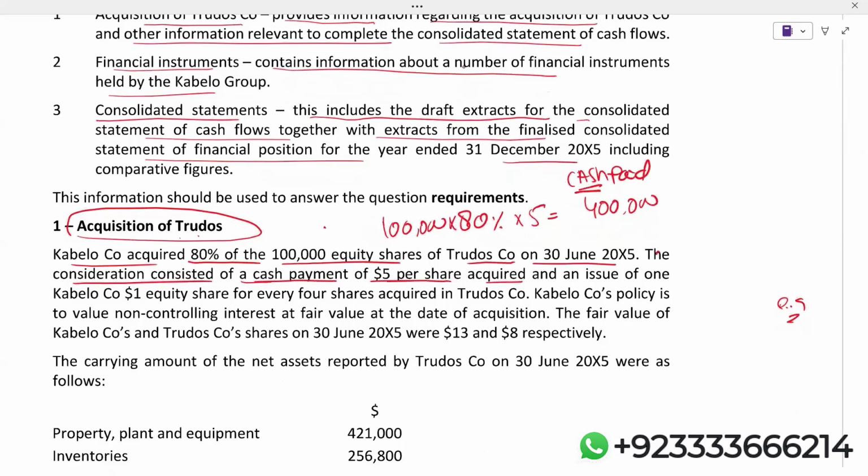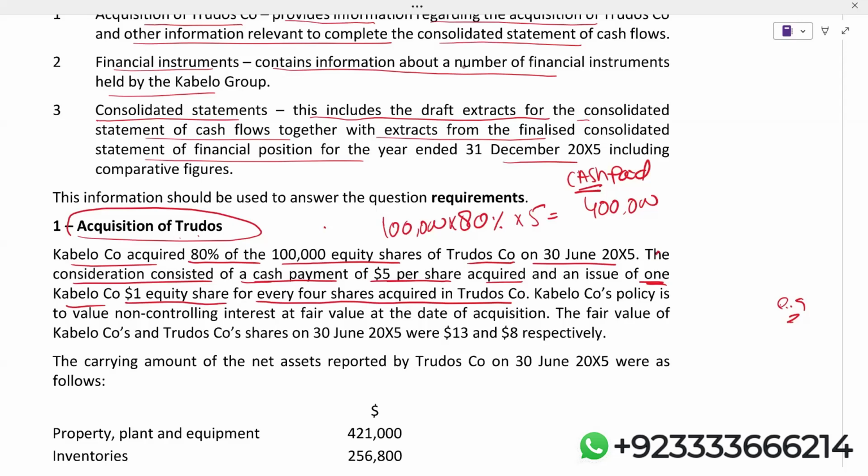The consideration consists of a cash payment of $5 per share acquired and the issue of one Kabelo company $1 equity share for every 4 shares acquired in Traders company. Now listen, students. The parent has not given the consideration only in the form of cash. The parent has also issued shares. Now, a very important point.